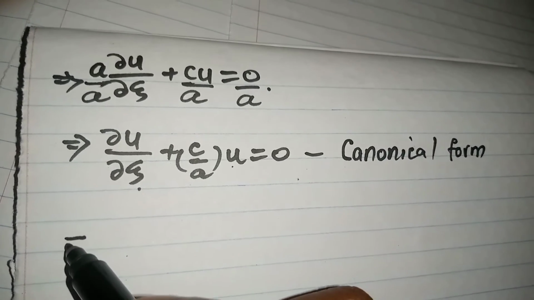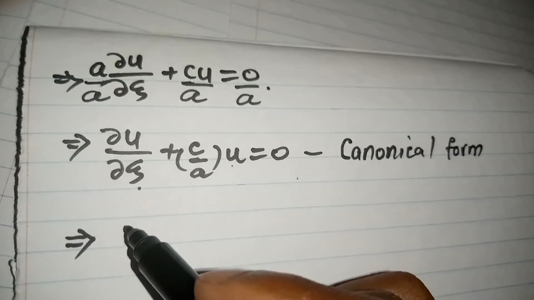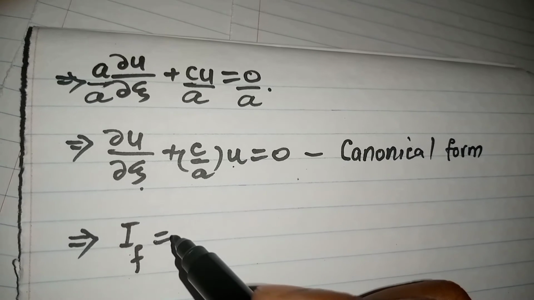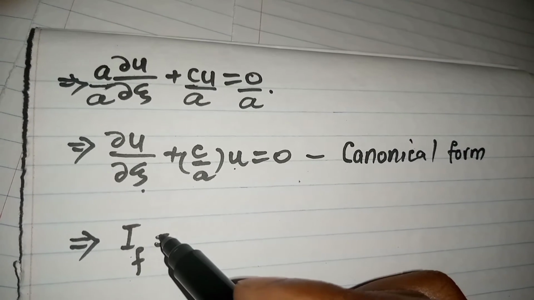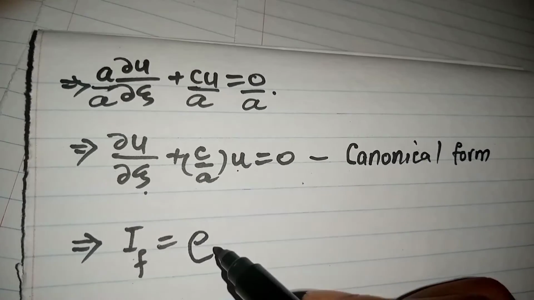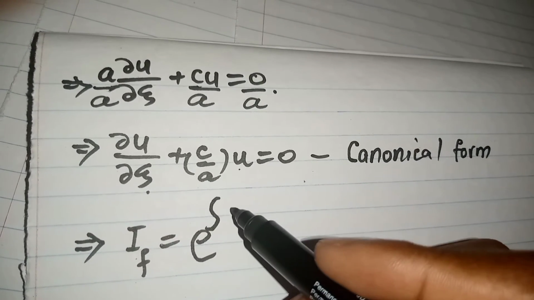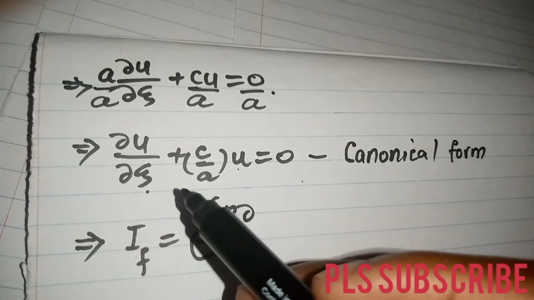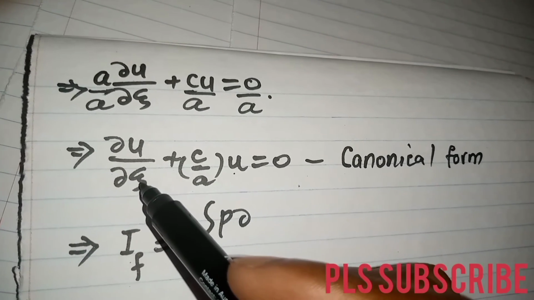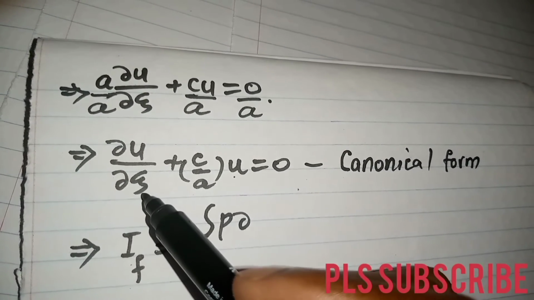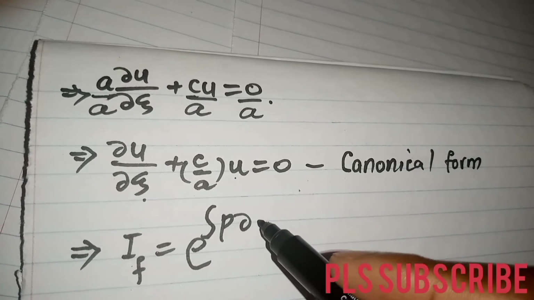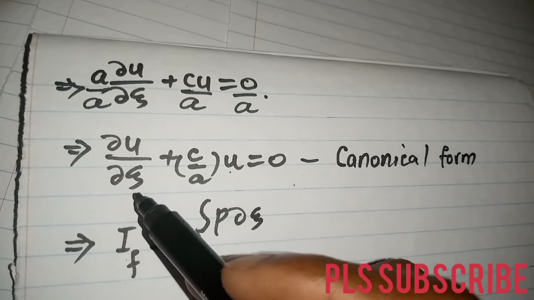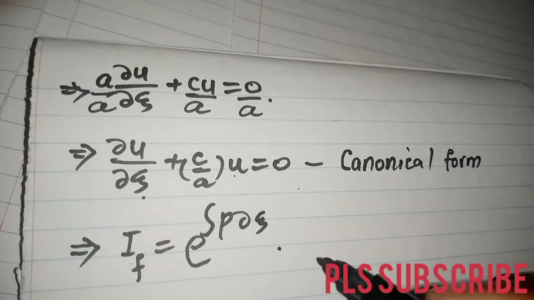And we said that the integrating factor is usually given by exponential of the integral of p with respect to the independent variable of the function. So this will be p with respect to xi, because my independent variable here is xi.